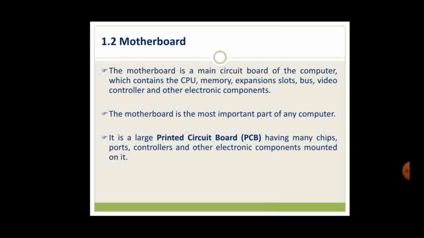It is a large printed circuit board having many chips, ports, controllers and other electronic components mounted on it. These are all fixed on the plastic board, the printed circuit board. It is made of plastic on which the circuits are designed. After designing the circuit, the required electronic components are mounted onto it.